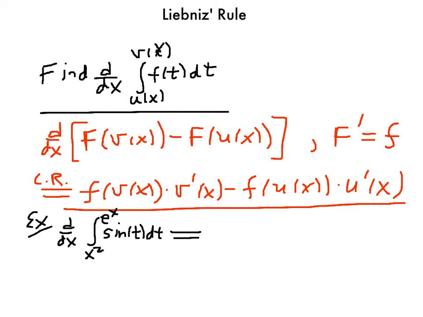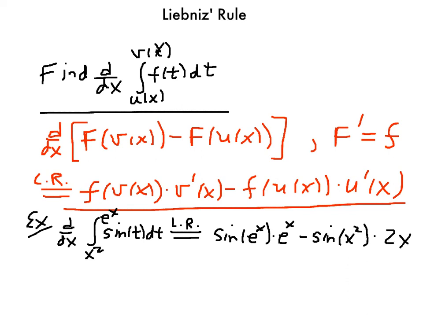So this is equal to, by Leibniz rule, the sine of e to the x times the derivative of e to the x minus the sine of x squared times the derivative of x squared. And that's how we take the derivative of a more complicated looking expression.